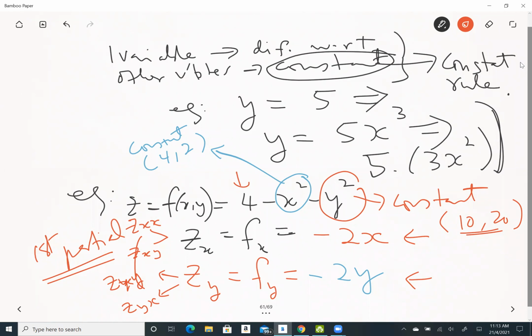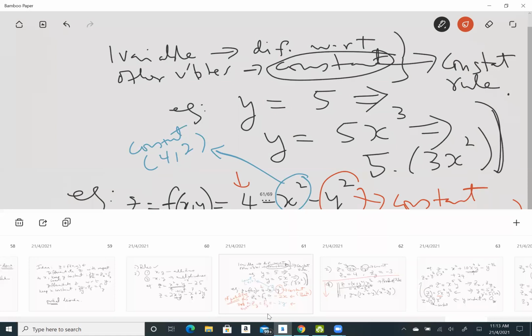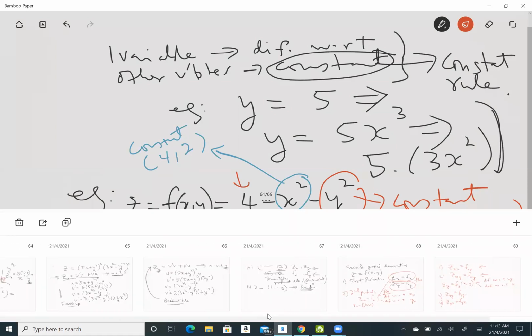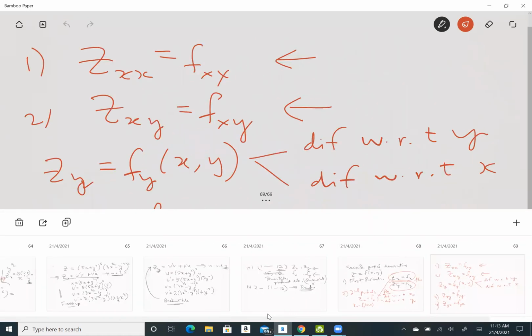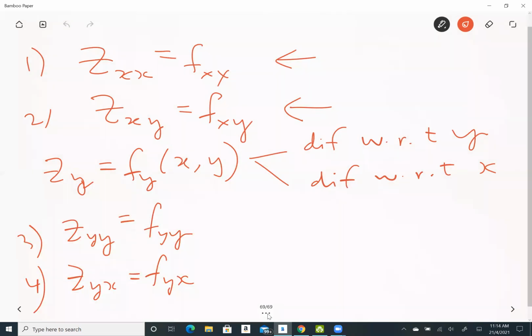So I go back to the latest page so that we can find the second partial.